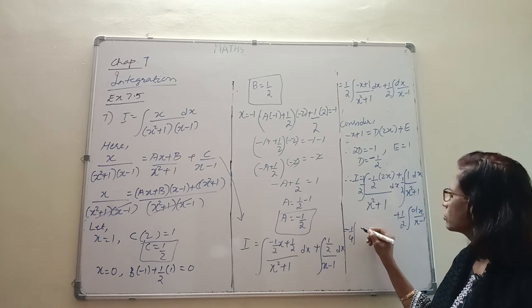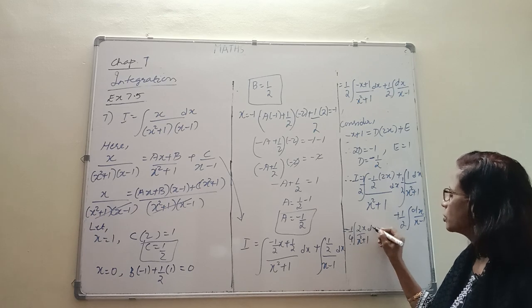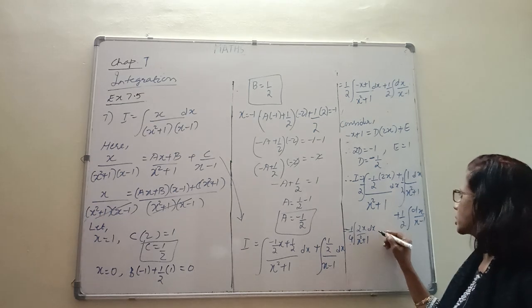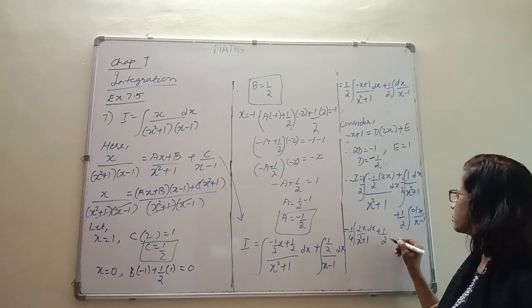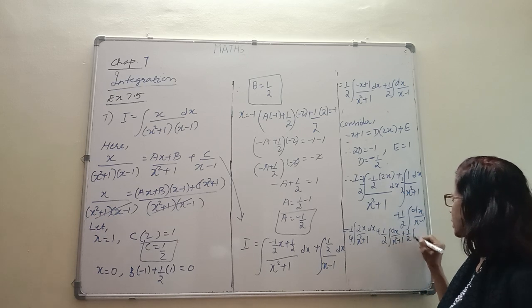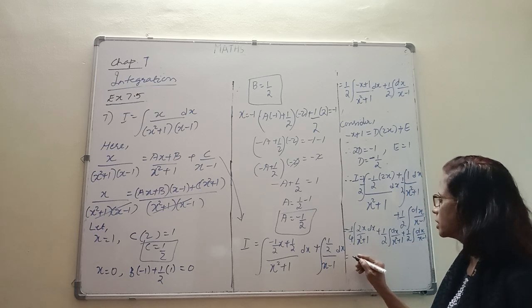So you now have 2x over x squared plus 1. That's good because the numerator is the derivative of the denominator. So that makes the work easy. And now this is half times the integral of dx over x squared plus 1, and then half times the integral of dx over x minus 1, all very easily integrable functions, with negative 1 over 4.